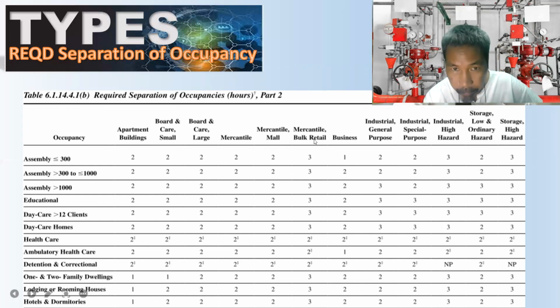So mercantile, there are 3 types. Mercantile, mall, and bulk retail. Bulk retail, 3 hours. So materials are assumed to be what? Flammable and fuel type of material.